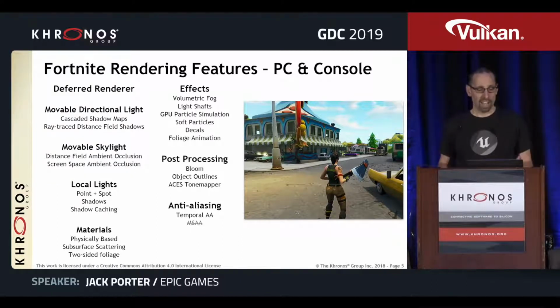We have skylight and sky reflection with some ambient occlusion, and some dynamic point and spotlights for effects, explosions, that kind of thing. We have a physically based material system where all the materials are created pretty much exclusively by artists, without any programmer intervention, with some special cases for subsurface scattering and foliage, and on desktop we use temporal anti-aliasing.